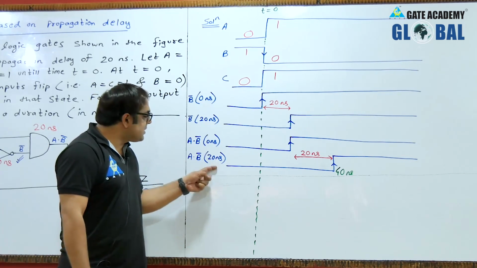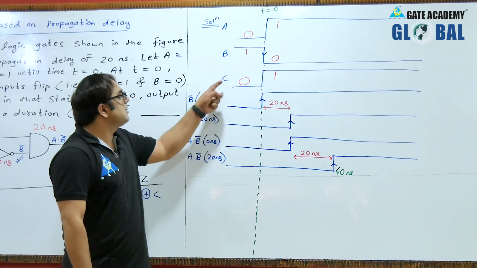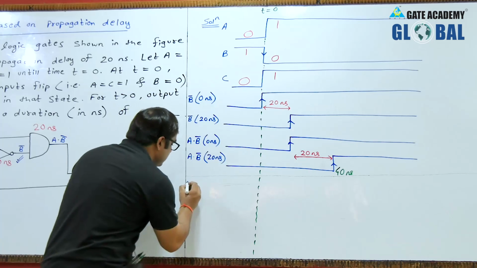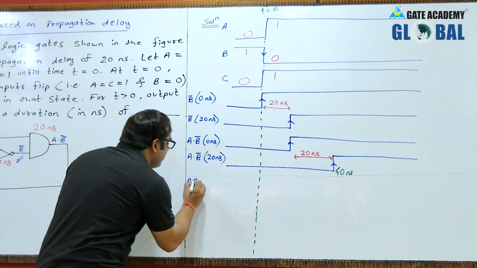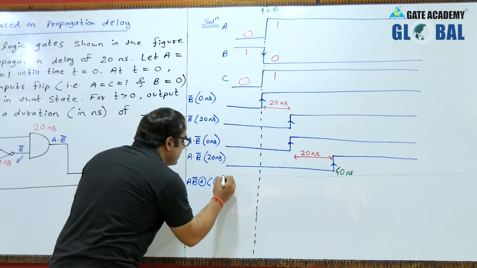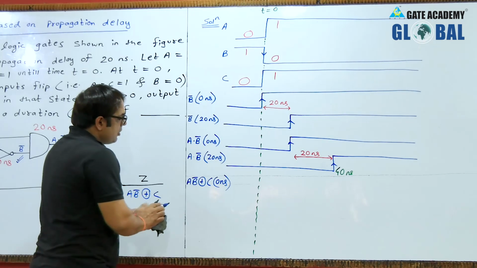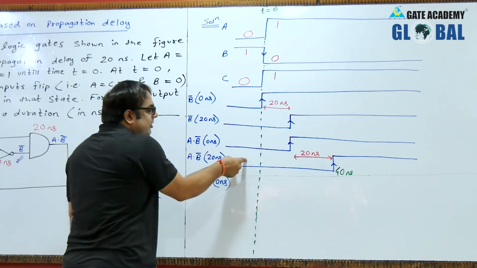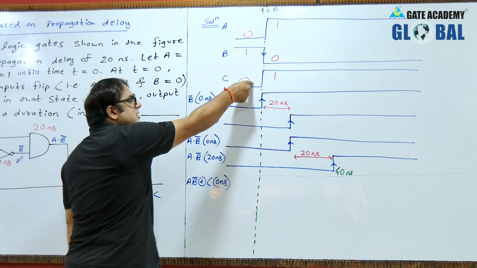So now this waveform XOR with waveform C. Again the same concept: A dot B complement XOR with C, assuming 0 nanosecond. This is A dot B complement and this is C. This is logic 0 and this is also logic 0.